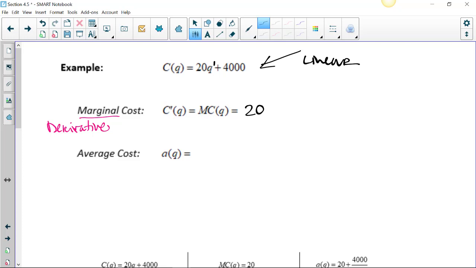Okay, average cost then is basically found by taking, remember we said the cost function and dividing by the number of items.